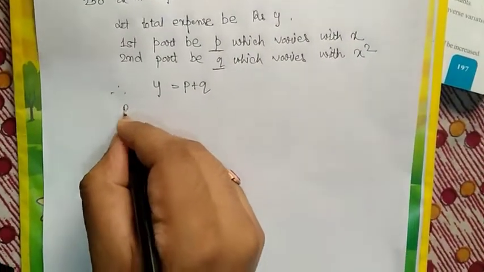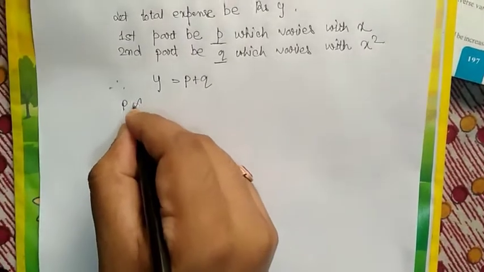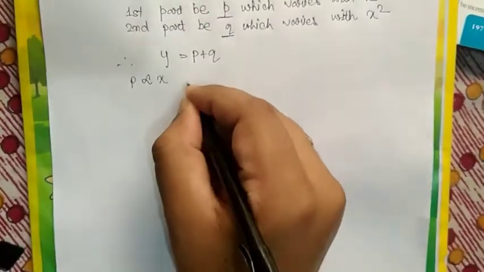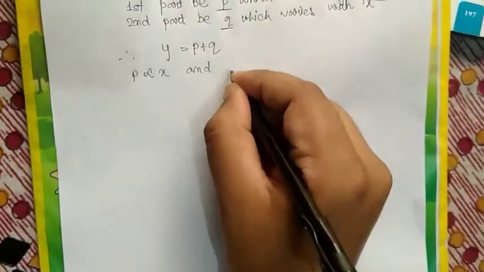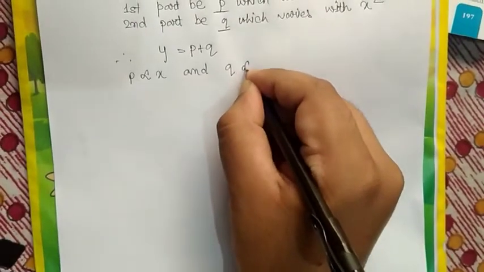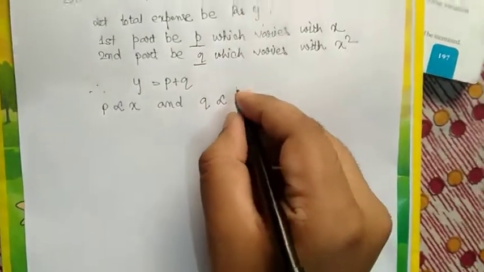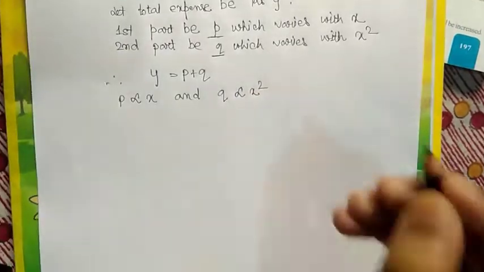Now p varies directly with x and q varies directly with x square.